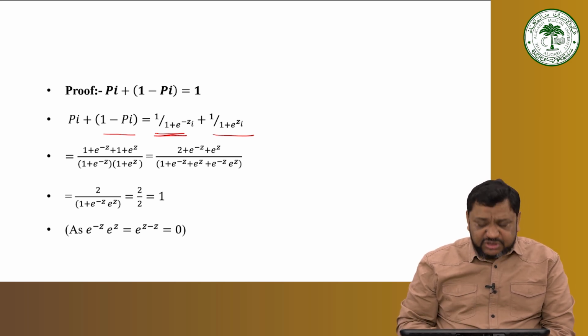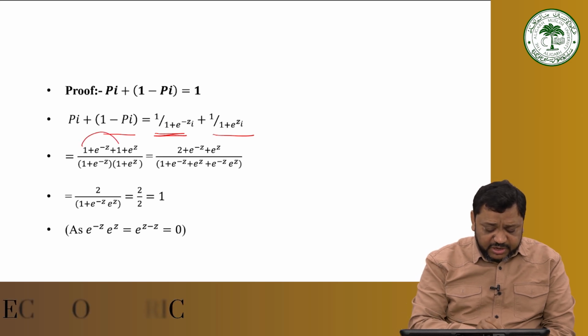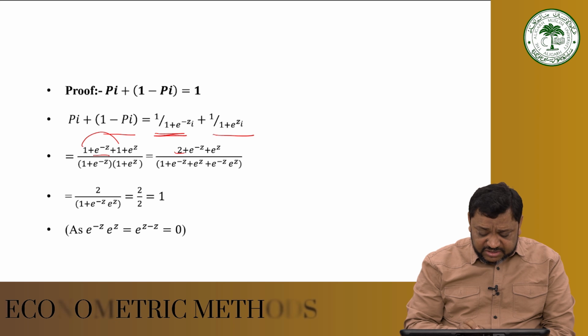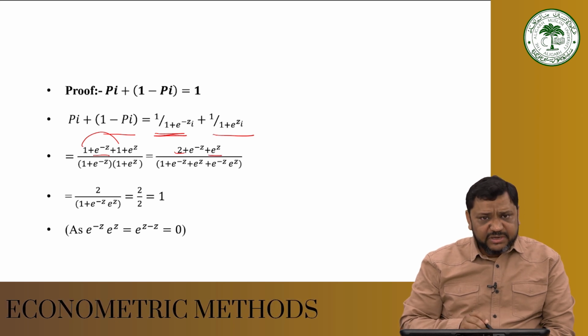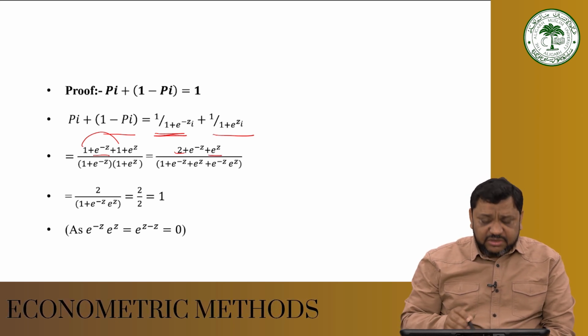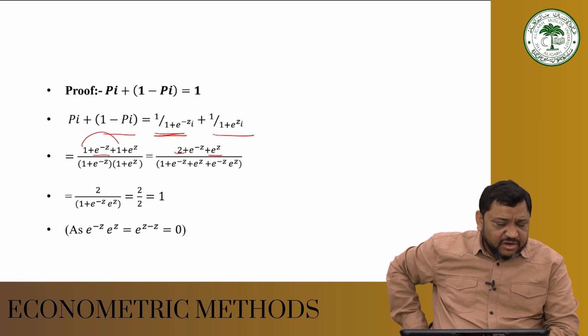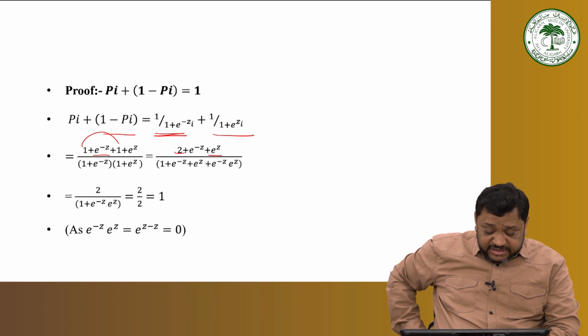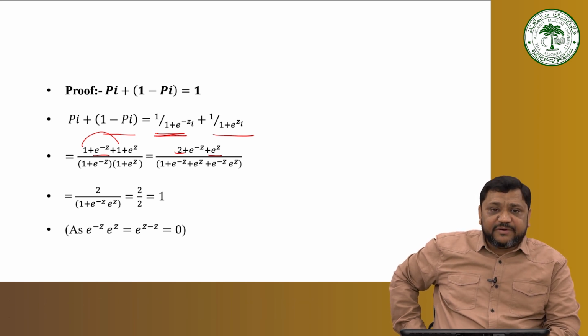So we can write this as, taking the terms, 1 and 1 become 2, and then we are left with plus e raised to the power minus z and e raised to the power z, and beneath we open the brackets, and we can simply write it as 1 plus e raised to the power minus z plus e raised to the power z plus e raised to the power minus z times e raised to the power z.